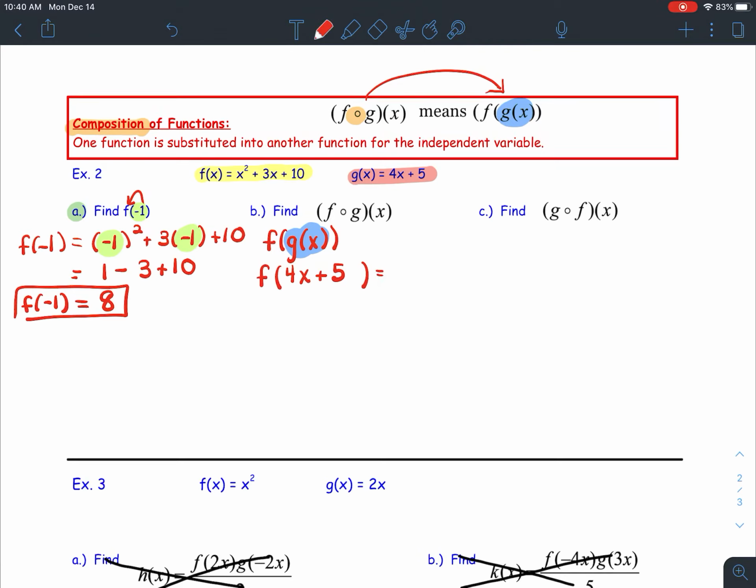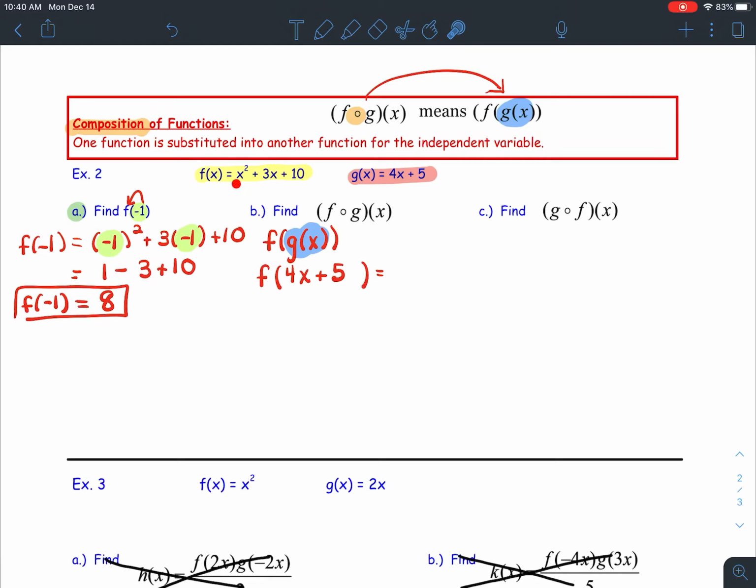All right, now I want you to treat this notation the same way that we treated the notation when we saw f of -1. Okay, keep in mind, we're taking what is on the right, 4x plus 5, and we are substituting it into equation F for all the x's.